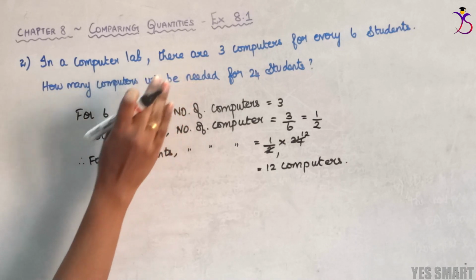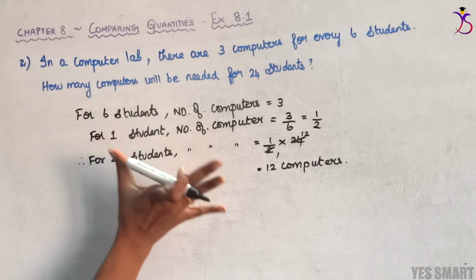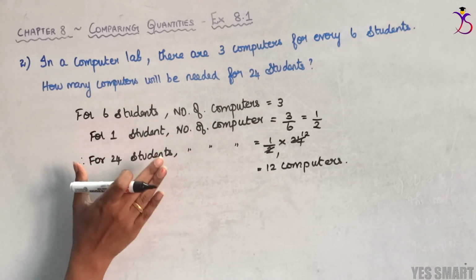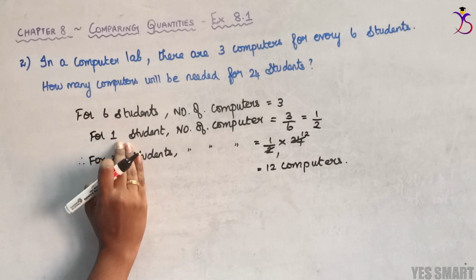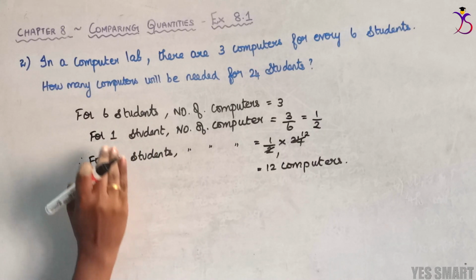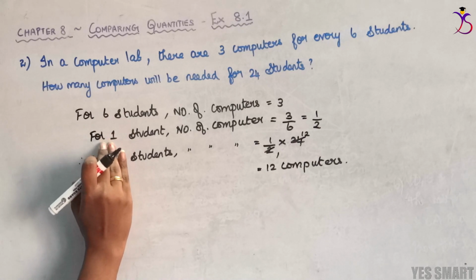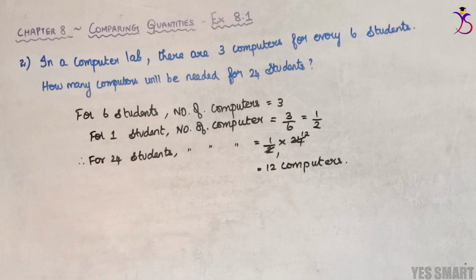So they have given the value for 6 students. We have found it for a single student. So many was given and we have found it for 1. With that 1, again we have found it for many. So we have done the multiplication, the second half of the sum.